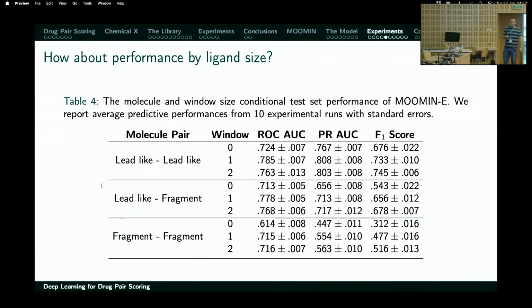In the sense that most probably for most of those fragments that we have, the model has very little to start from. You can imagine that you have this scaffold, which is very tiny and has very few functional groups on it. And because of that, initially the model doesn't have sufficient information to start from.